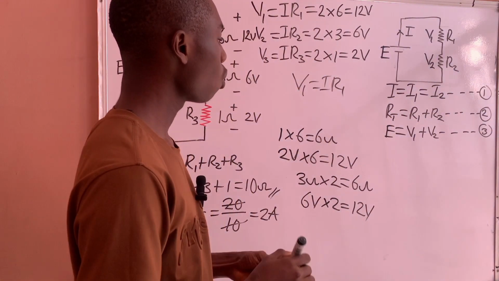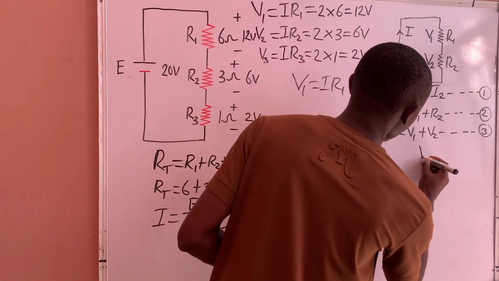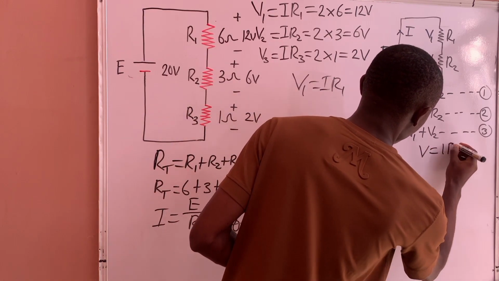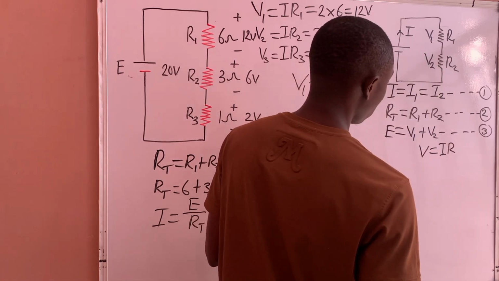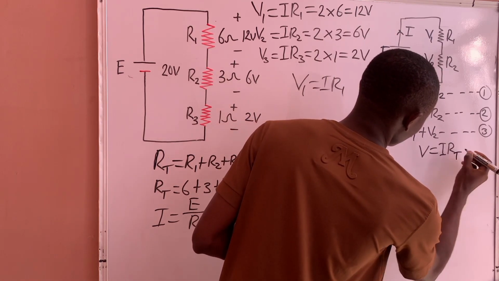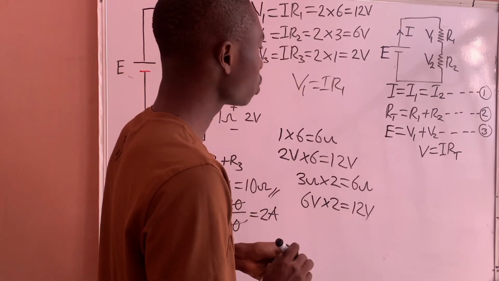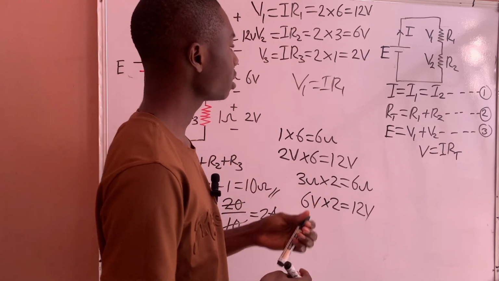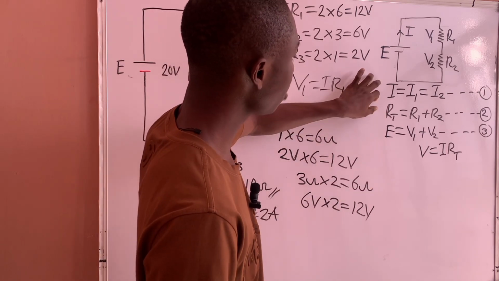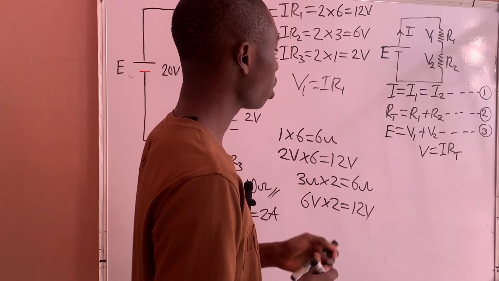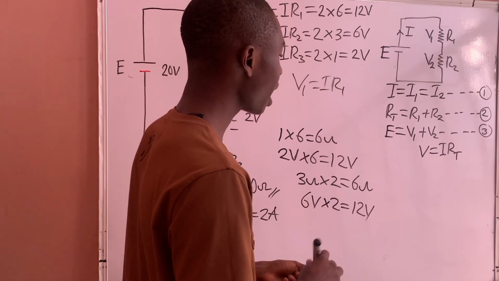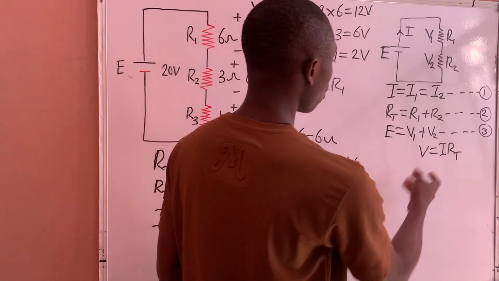But from Ohm's law, V equals I times R, which we can call I times RT. Since current is the same throughout the entire network, we make current I the subject of the formula from Ohm's law.